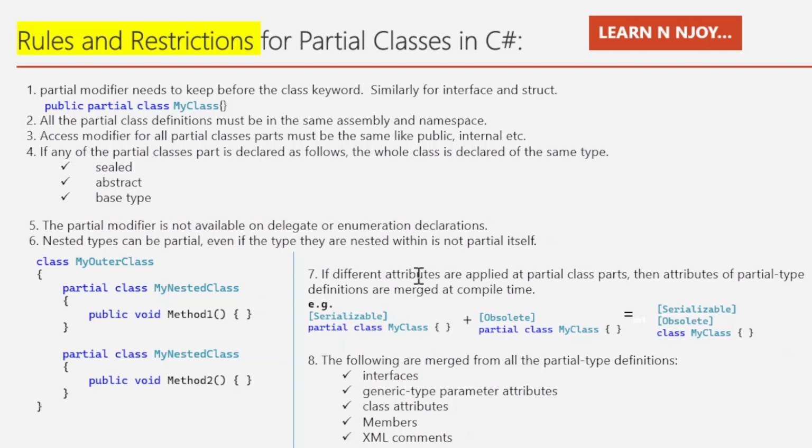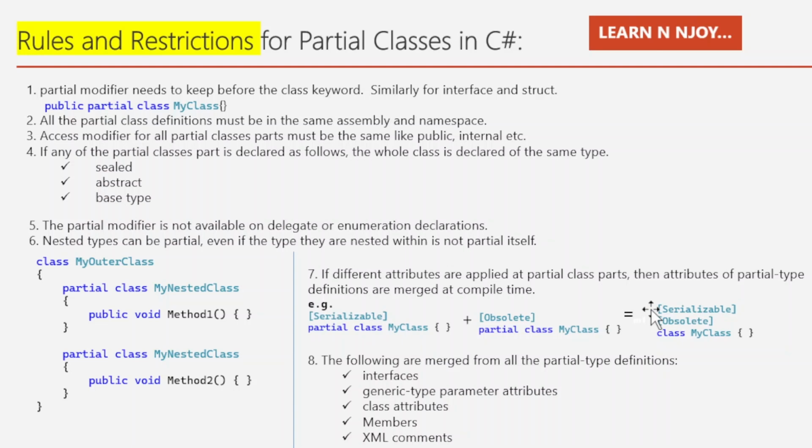Number seven, if different attributes are applied at partial class parts, then attributes of partial type definitions are merged at compile time. Let's suppose we have one part of a partial class where we have applied the Serializable attribute, and another part has the Obsolete attribute applied. So when it gets compiled, their definitions are merged.